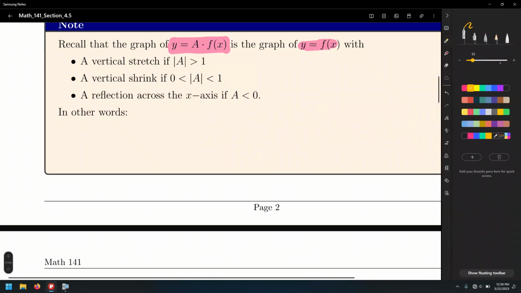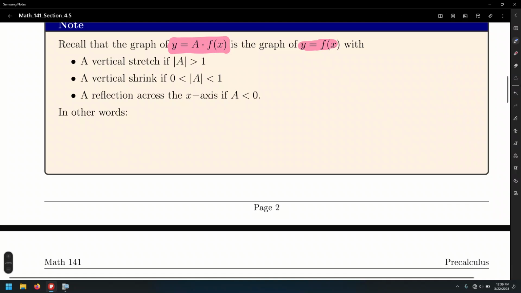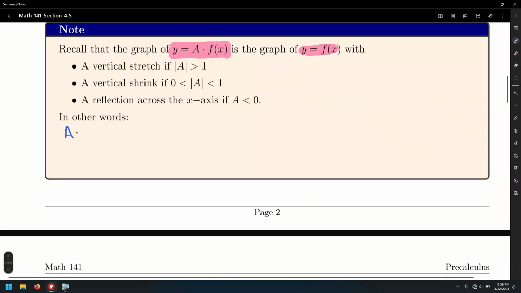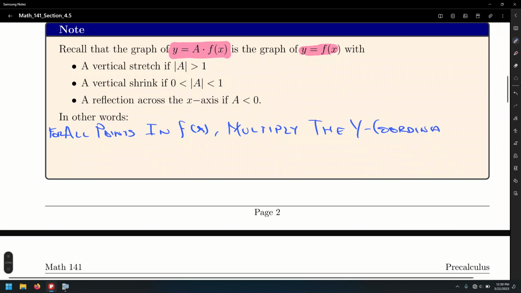In other words, how can we summarize in words? For all points in f of x, multiply the y coordinate by the quantity a.